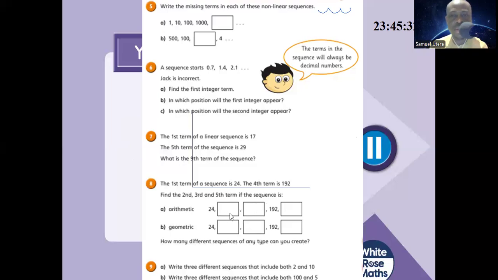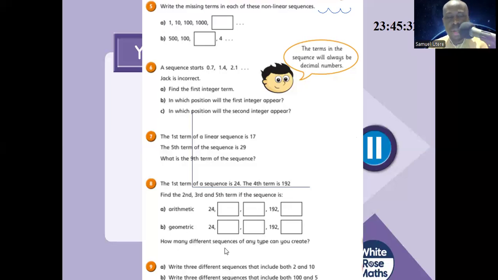And then you know that 192 is the 4th term, so you have 1, 2, 3, 4. Remember, it's always one less. We don't know the constant difference, so the number you get from 192 minus 24 is going to be divided by 3. Then you know the constant difference from this term to the next one, and you can just add that constant difference.